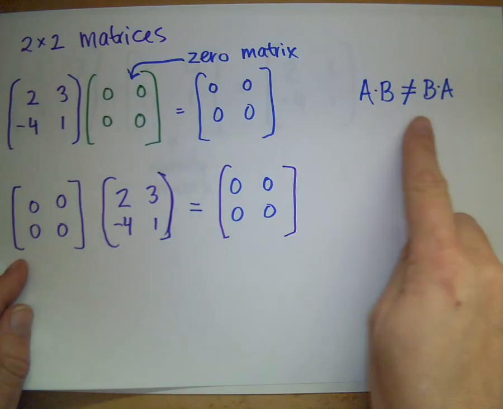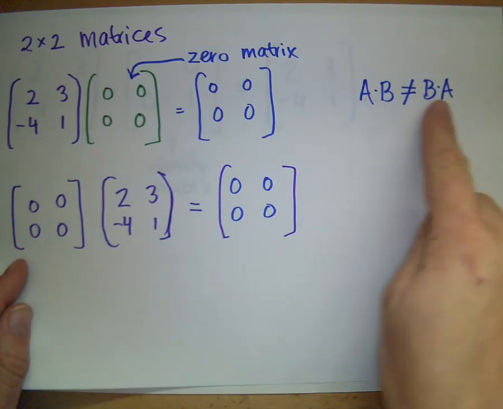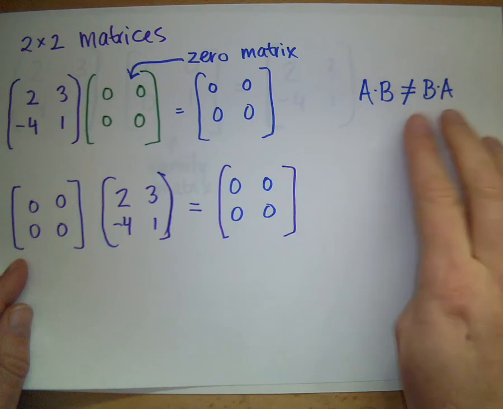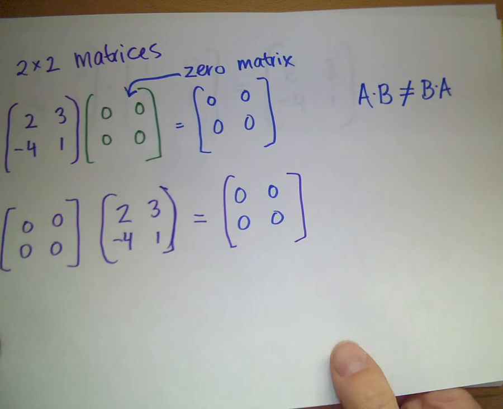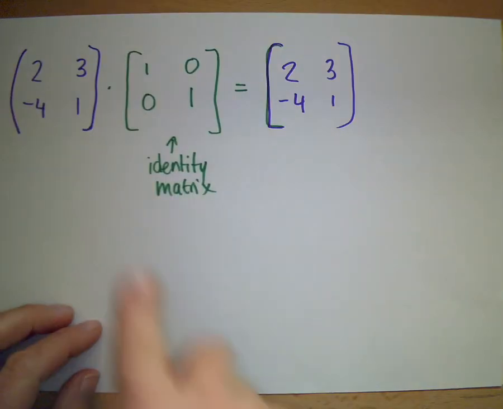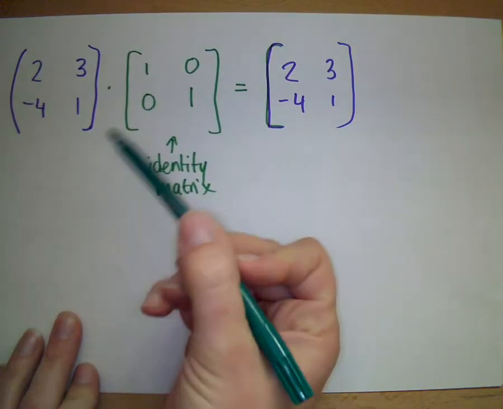And again, like I said with the zero matrix, this rule about the order in which we multiply one matrix by the other doesn't apply when you multiply with a zero matrix. Same is true for this identity matrix.